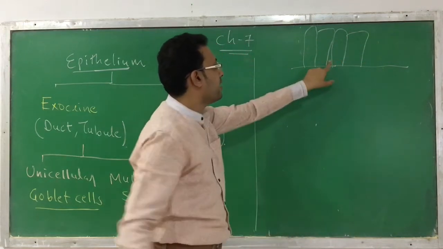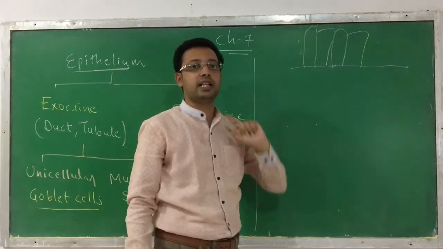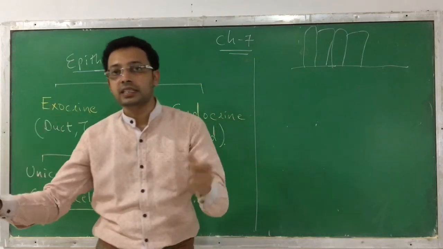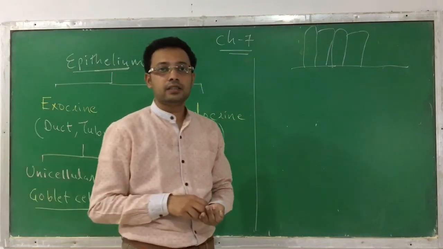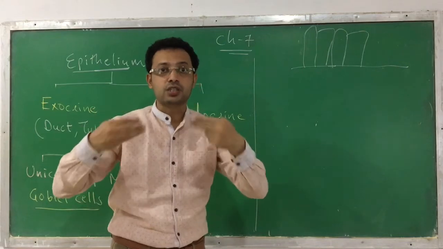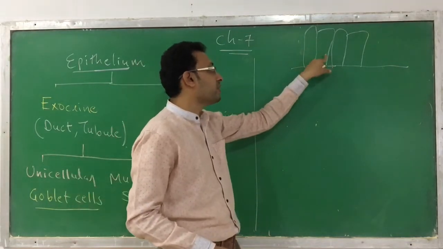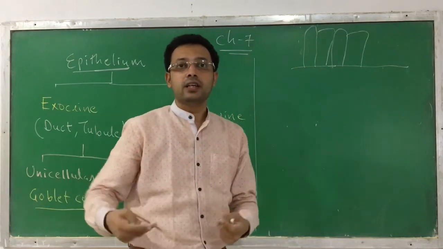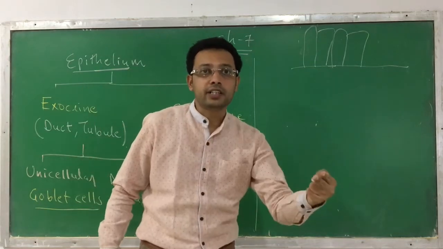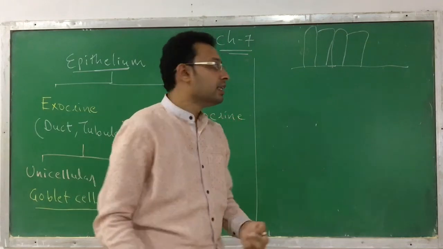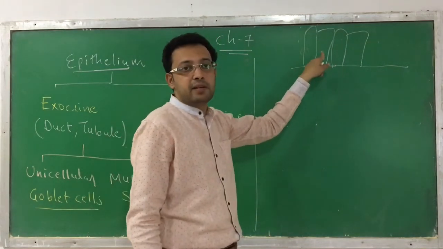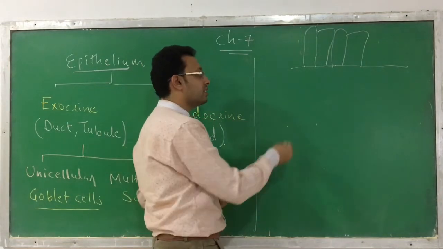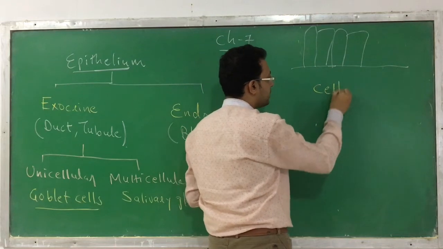That means one cell remains attached to another cell, and this is called a cell junction, where one cell meets another cell. Commonly, when one road meets another road, we call it a junction. Similarly, when one cell meets another one, we call it a cell junction.